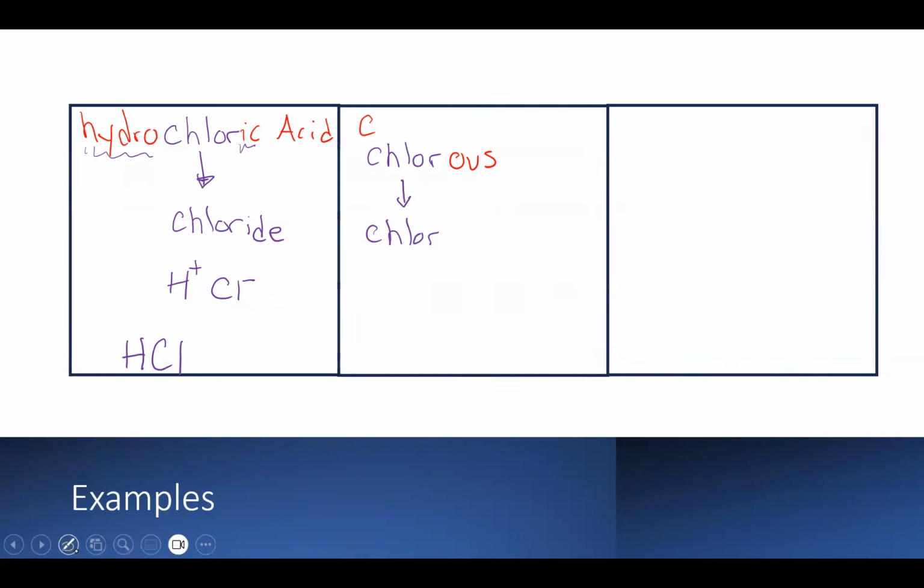But the OUS tells me that the ending would have been "ite." So OUS goes to ITE. Looking up what chlorite is, I see that it's ClO2 minus 1. Again, our cation is always hydrogen. These both have a 1 charge, giving us our acid formula of HClO2.